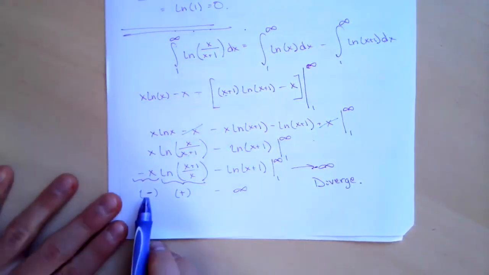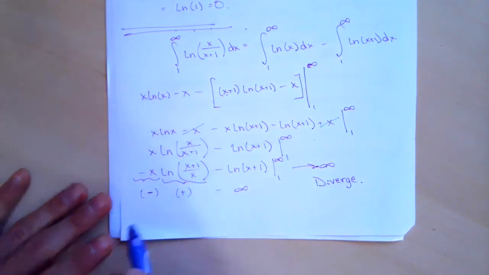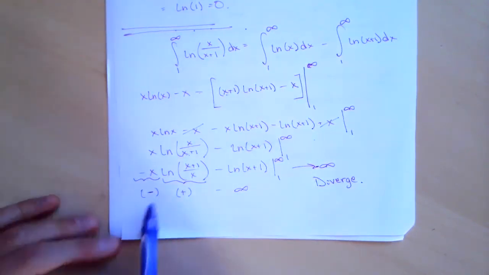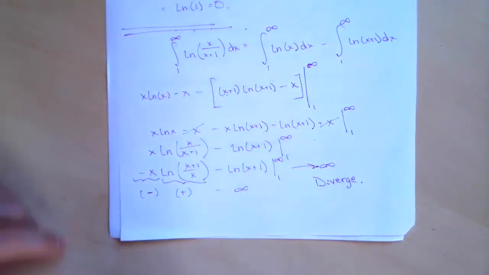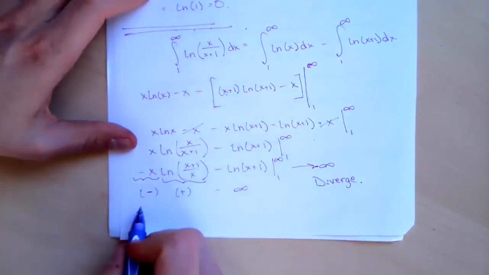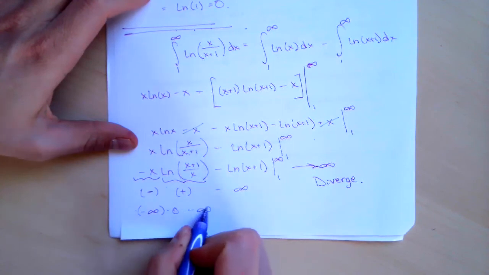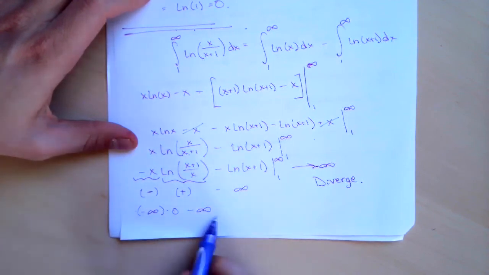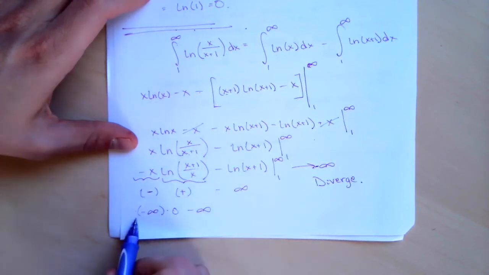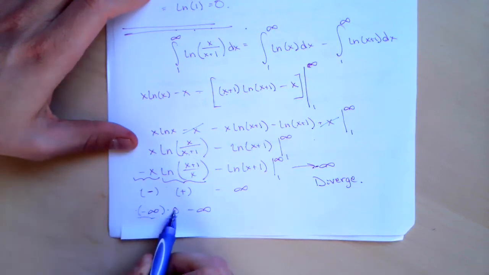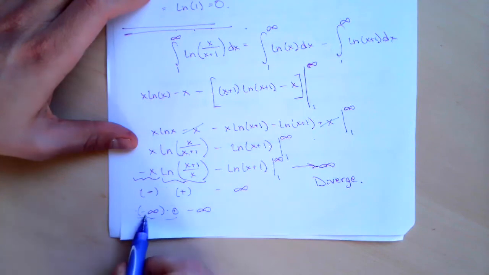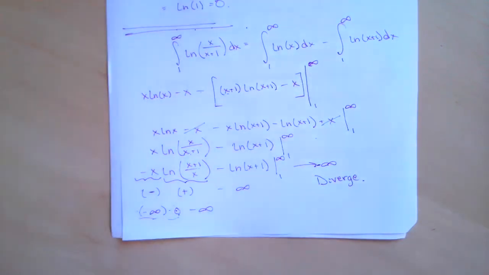I hope that makes sense. If you want, think about those arguments again. Otherwise, to do it properly, if we wanted to use our Calc 1 techniques, when I take this limit to infinity, we're getting a minus infinity times 0 minus infinity, which is this weird, complicated indeterminate form. We would have to do a bunch of work to figure out what this limit is. And then we potentially have the problem of an indeterminate form inside of a bigger indeterminate form, which requires even more work.